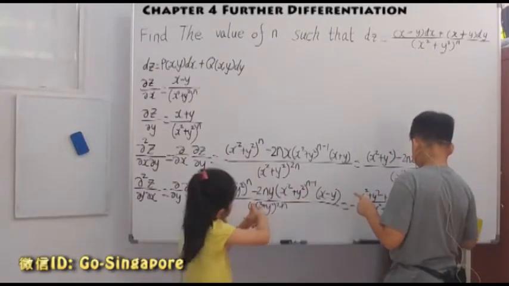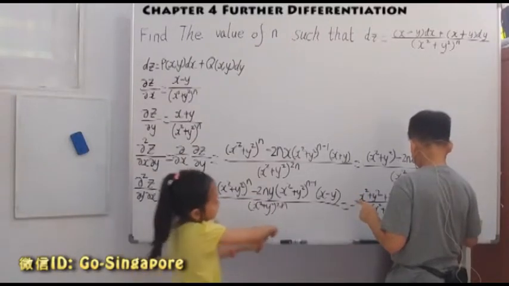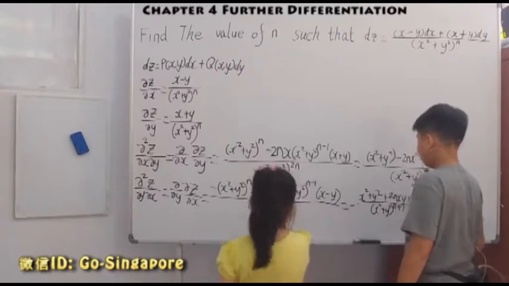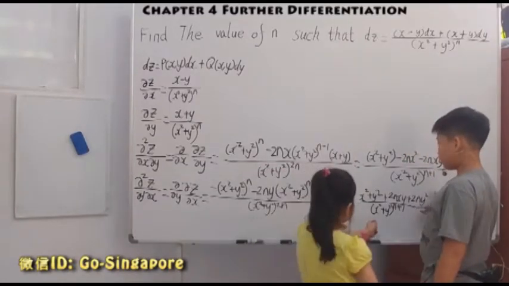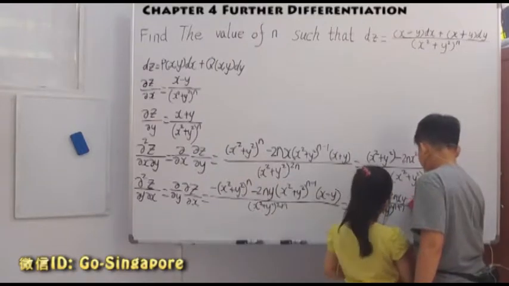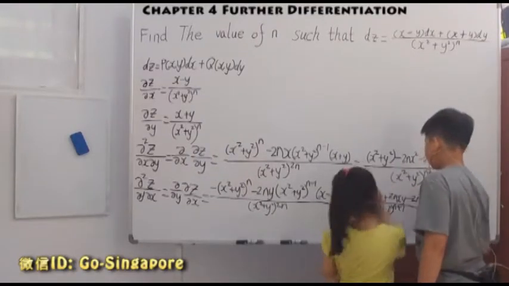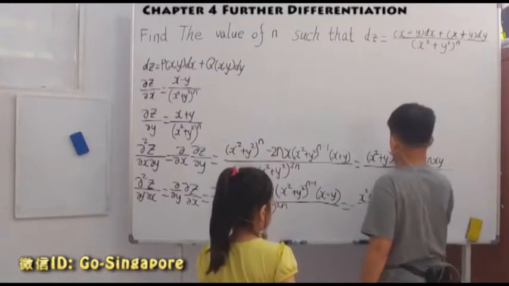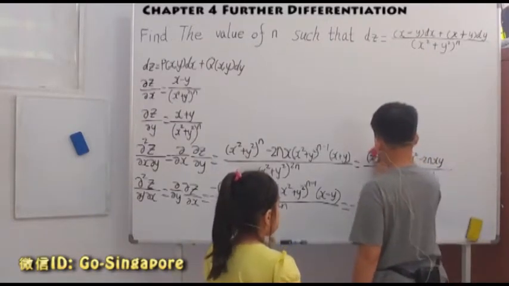Okay, let me check if they're the same. Is it like this? Just look at this part. Wait, here's a minus. Why here have a bracket, here don't have? Again. Okay.